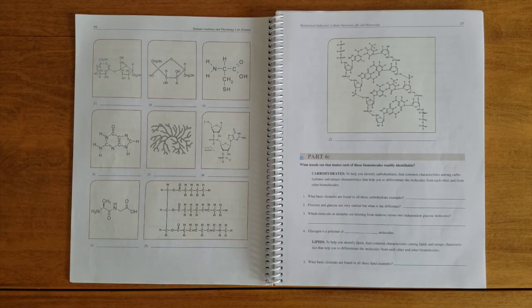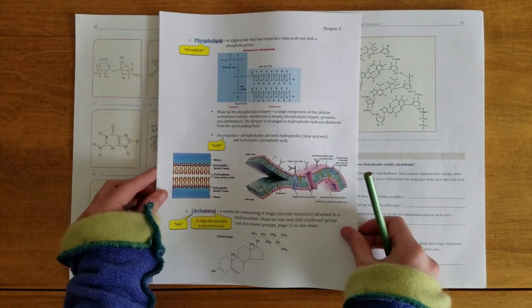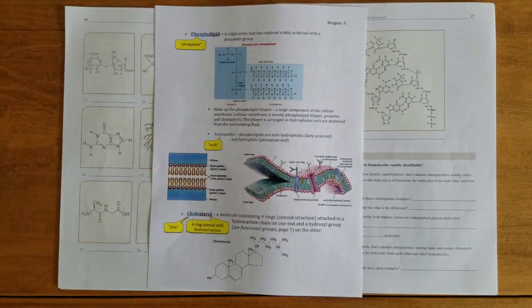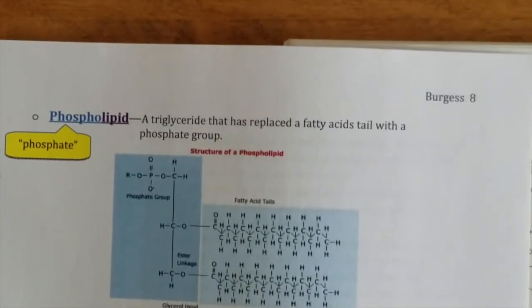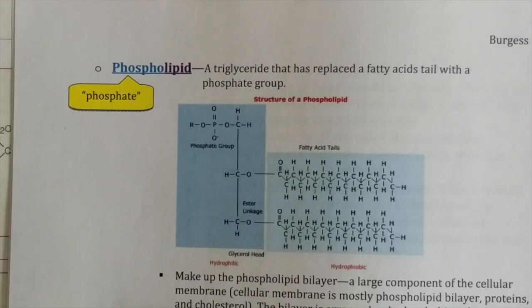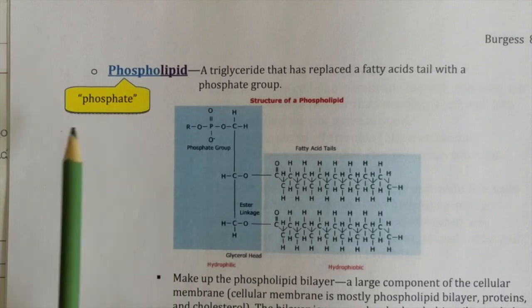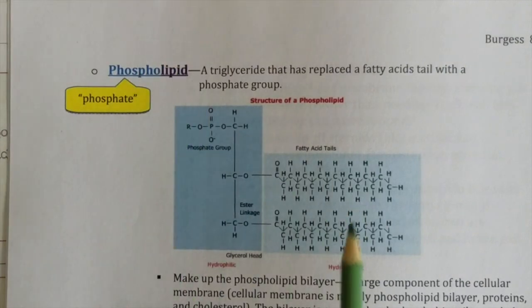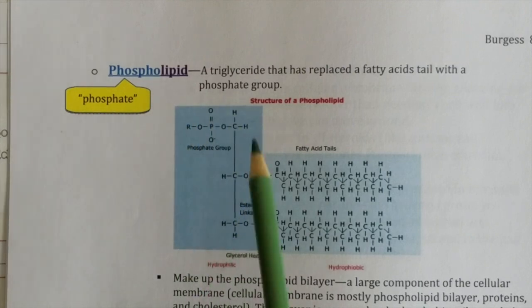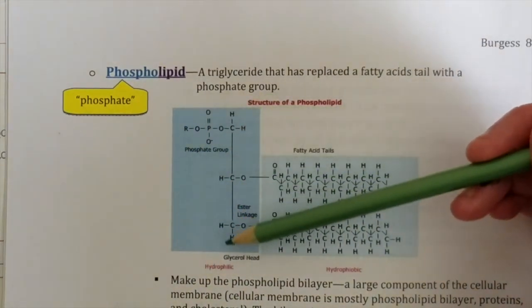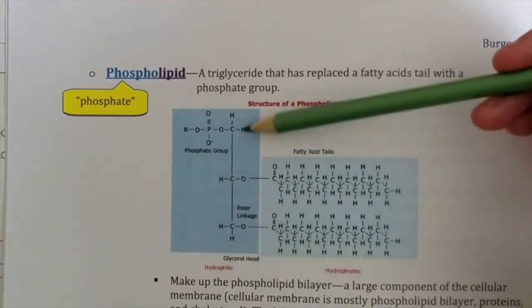The next kind of lipid we're going to talk about is the phospholipid. So a phospholipid is basically a modified triglyceride, but they contain a phosphate group, hence the name phospholipid. I like this image because it shows you each of the groups here. So here is our glycerol, just like in our triglycerides.